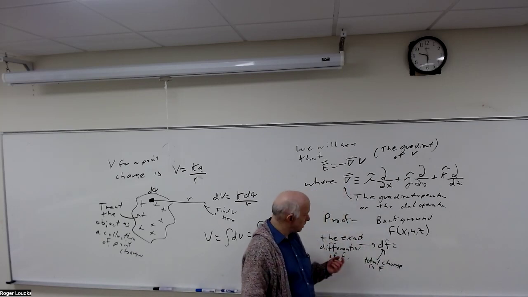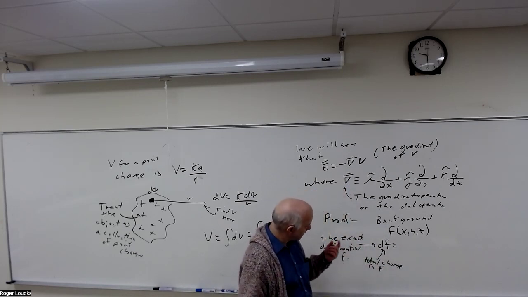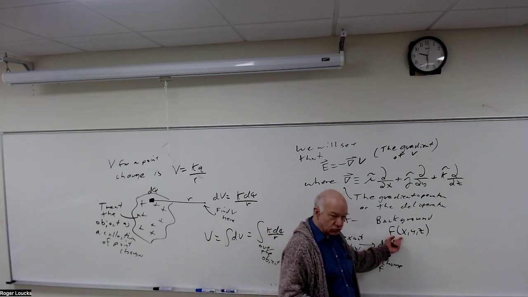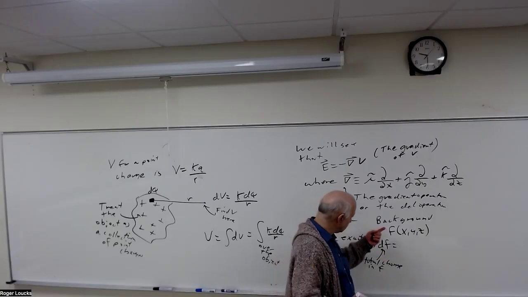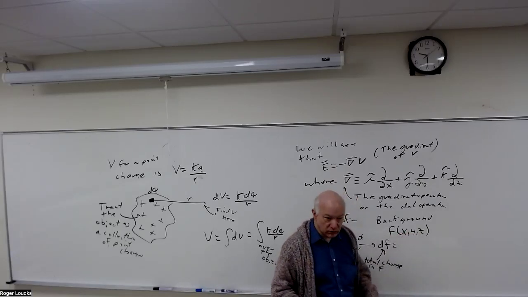And so what would that be made up of? Well, the total change in f is going to be made up of any changes in f if you only change x, plus any changes in f if you only change y, plus any change in f if you only change z.